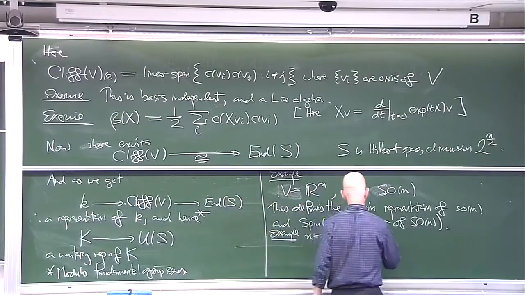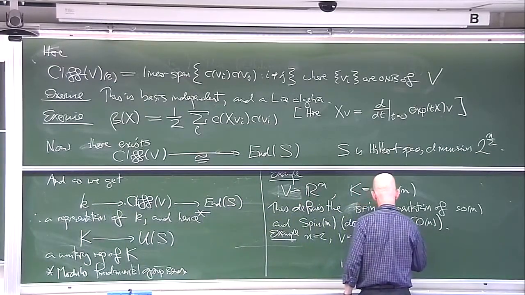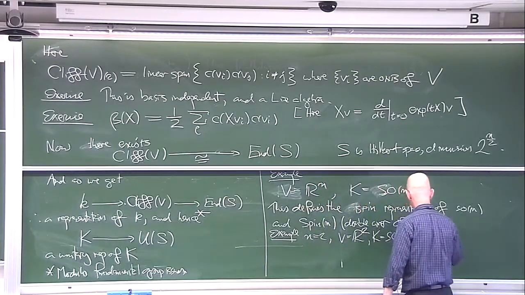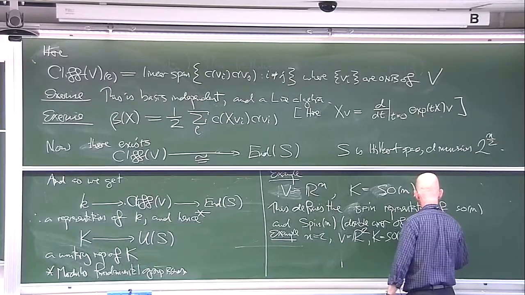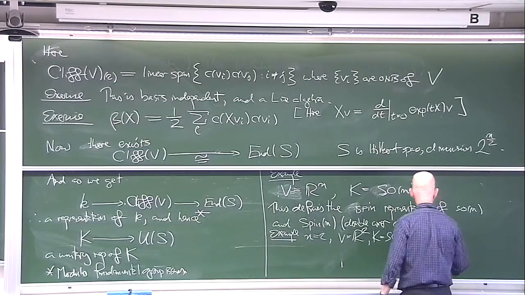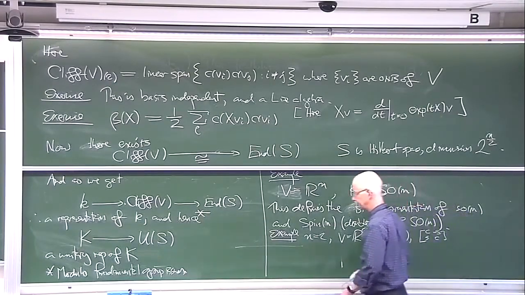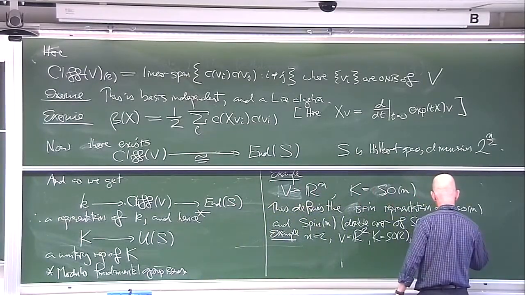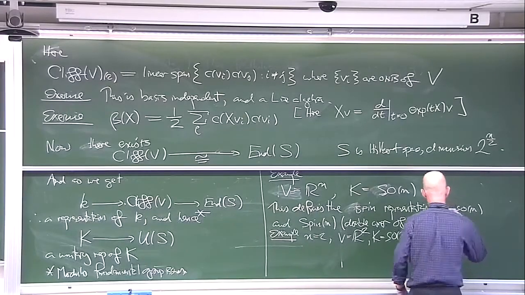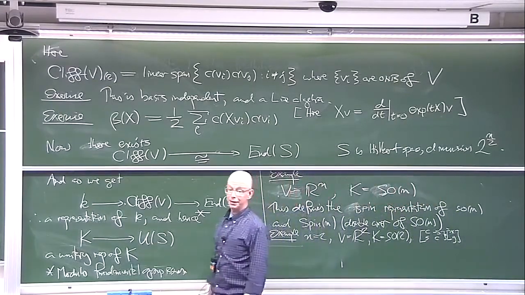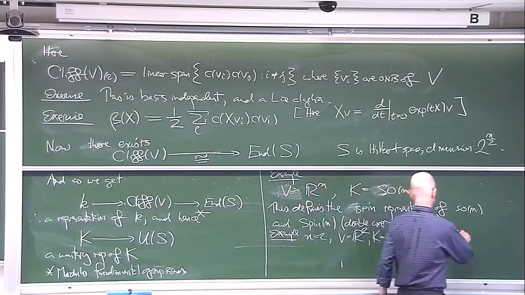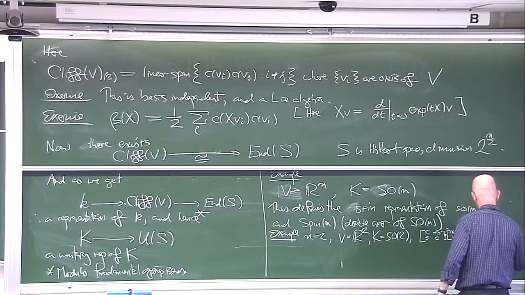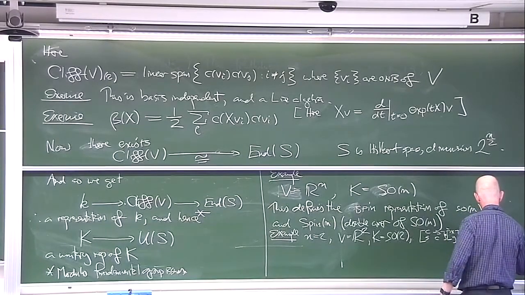K will be SO2. But the way in which K acts on V will be a little bit different. If I have a matrix cosine, sine, sine, cosine like this acting on a vector, I want to define the group action not in the usual way by matrix multiplication, but by squaring that. So that will be cosine minus sine, sine cosine squared. Now, just the usual matrix multiplication.